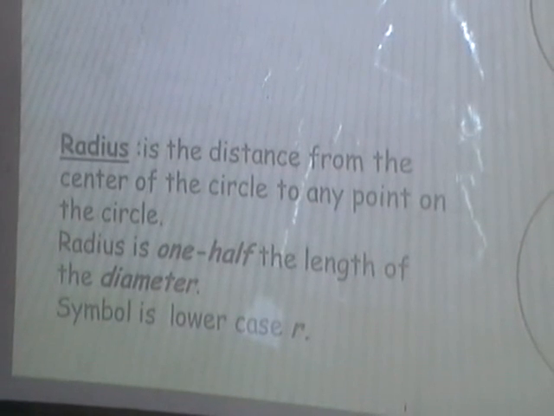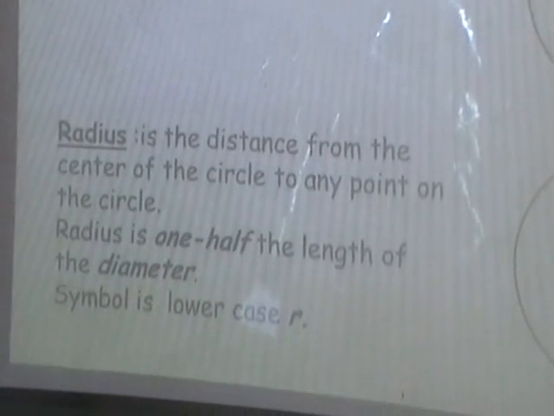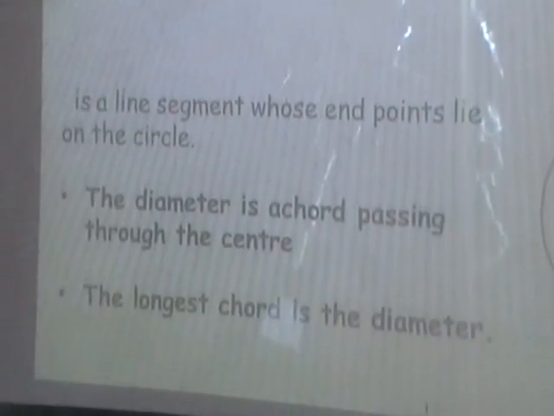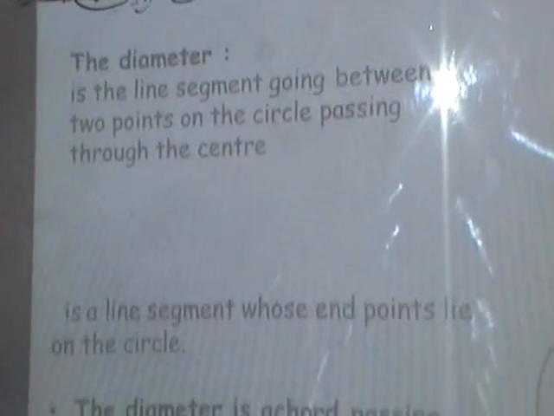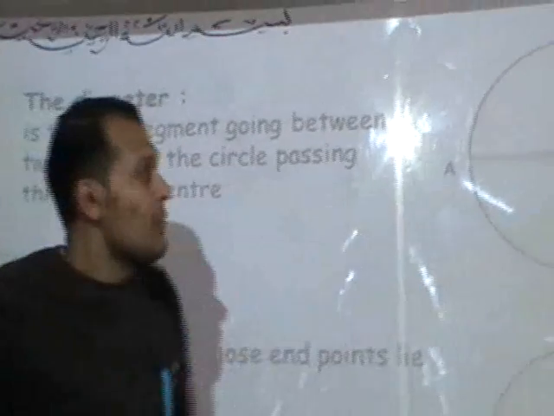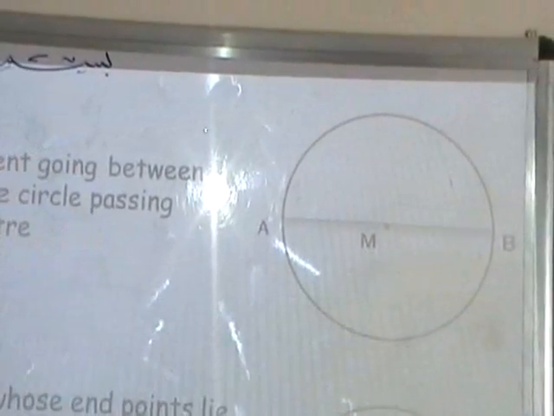What is the diameter? The symbol of the radius is lowercase r. After that, the diameter. What is the diameter? We can see that I have the circle M, and I have a line drawn from A to B passing through the center.